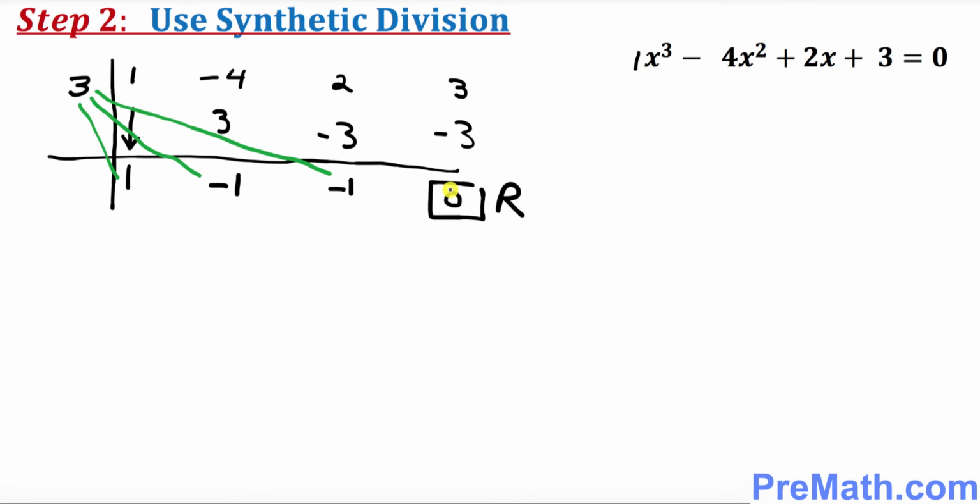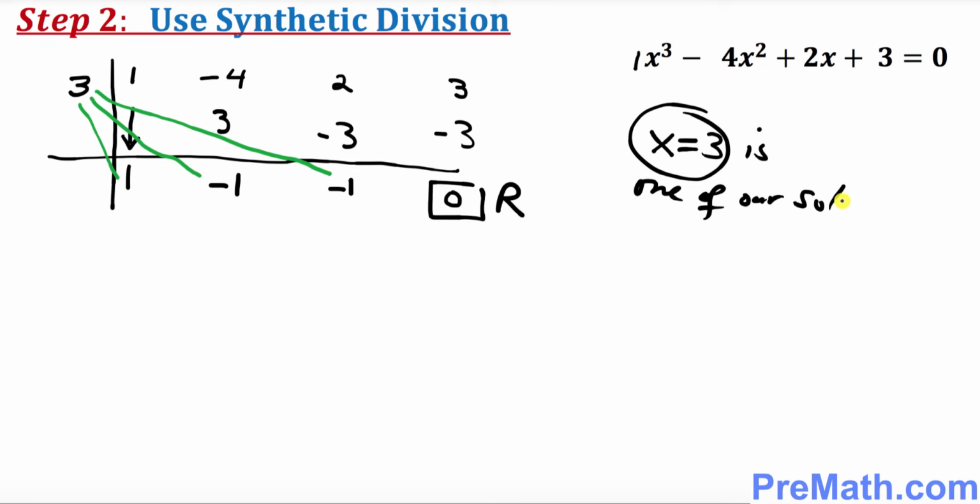Always remember, when the remainder is 0, that means this number 3 is one of our solutions. So x equals 3 is one of our solutions. Just keep that in your mind.